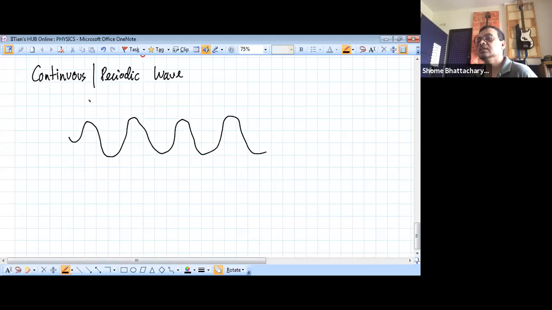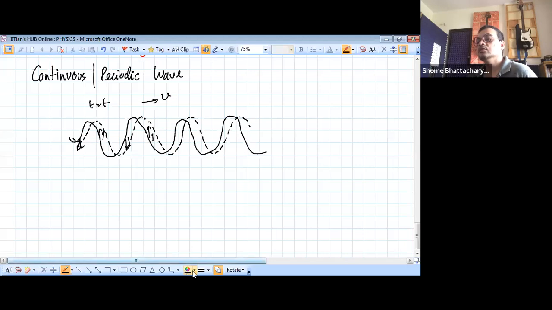Now next instant, because the wave is traveling like this, the next instant it's going to become something like this. So again, you can see that these particles are on their way down. These particles are on their way up. These particles are on their way down. These particles are on their way up.